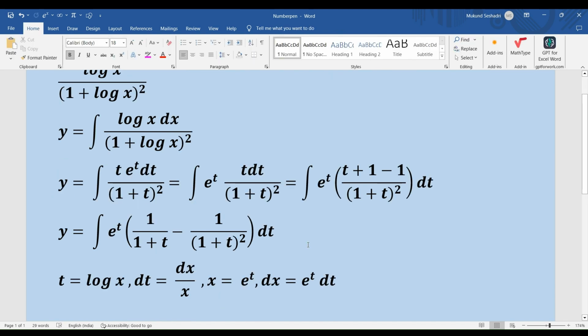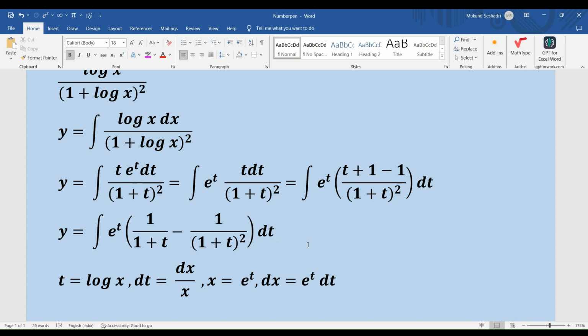This is the expression what we have. And I know that I'm in a position right now to connect 1 by 1 plus t with minus 1 by 1 plus t the whole square, right? And you folks know why is that? Because d by dx of 1 by 1 plus t is nothing but a minus 1 by 1 plus t the whole square, right? And I expect all of you folks to know this from our first principles in differential calculus.